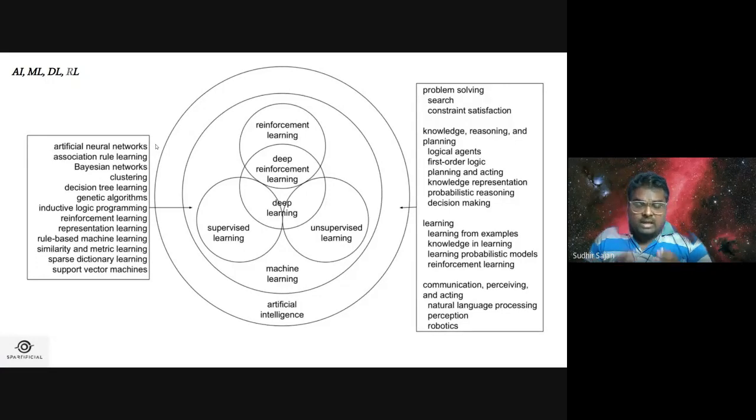Now where can we fit reinforcement learning here? What is reinforcement learning? Why is it really important? How can we differentiate reinforcement learning from the other modes of machine learning, which are supervised learning and unsupervised learning? We should know about that, right?